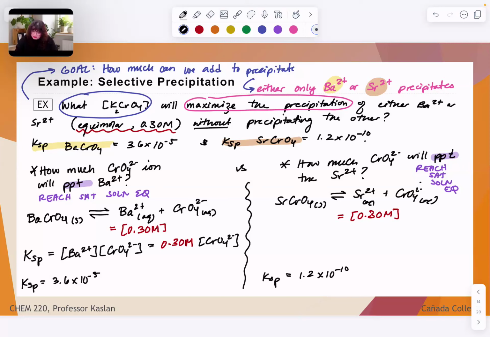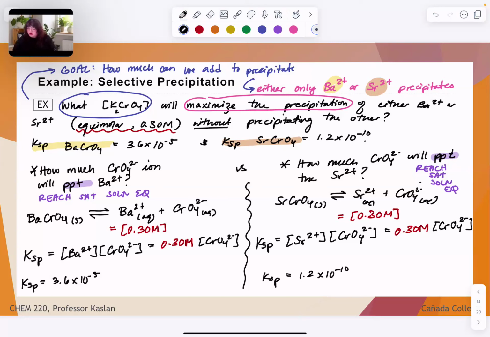Same deal over here. I could write the KSP expression for strontium chromate. That is the concentration of strontium at saturation times the concentration of chromate at saturation. And we know the concentration of strontium in the solution, again our 0.30 molar, times the concentration of chromate that would be present in the solution in order for us to be in dissociation equilibrium with the solid strontium chromate.